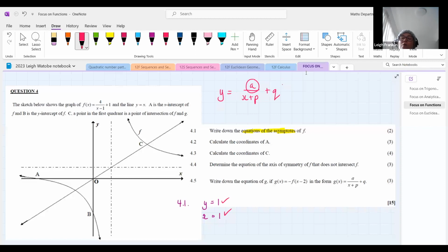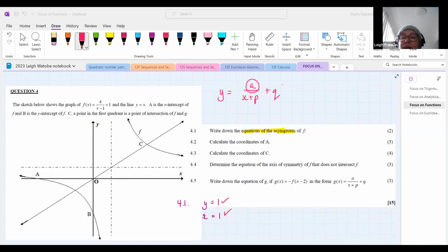That 4 over there, if it's positive, the graph is sketched in quadrants 1 and 3. When a is negative, then the graph is sketched in quadrants 2 and 4. Okay, cool. All right, thanks, Lebogang. That was a lovely explanation.